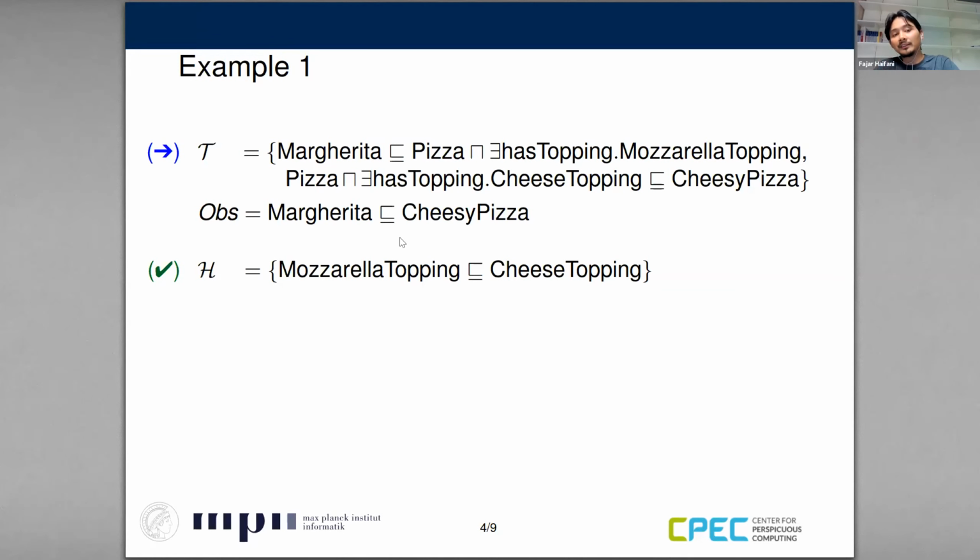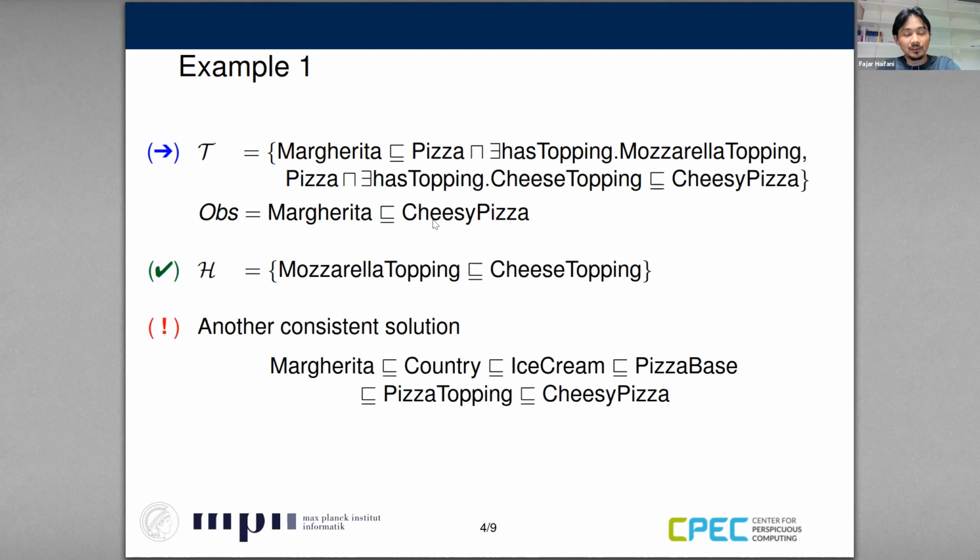However, imagine that this T-box T is a part of a much larger T-box with many different atomic concepts, then something like this could happen. In your extended T-box, you have the atomic concepts country, ice cream, pizza base, pizza topping, etc. And you have the following solution, which is actually consistent.